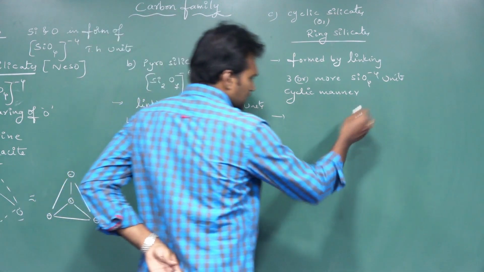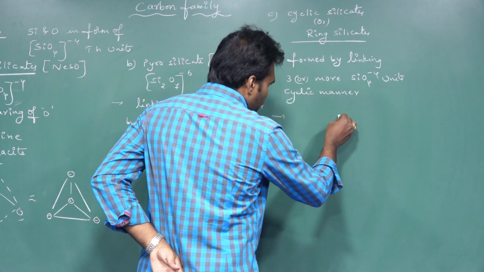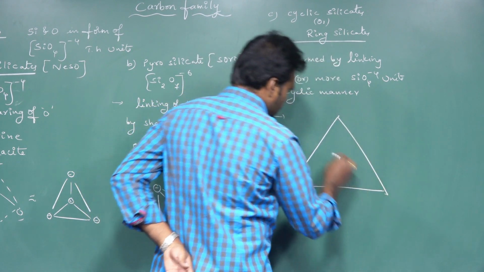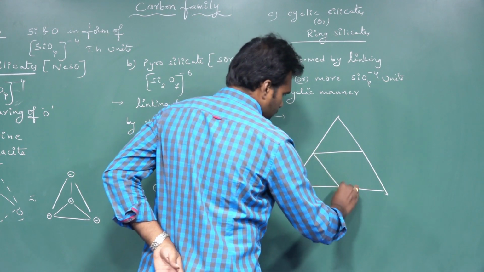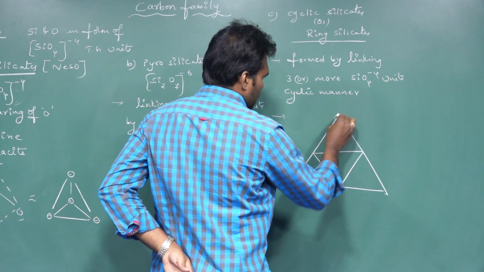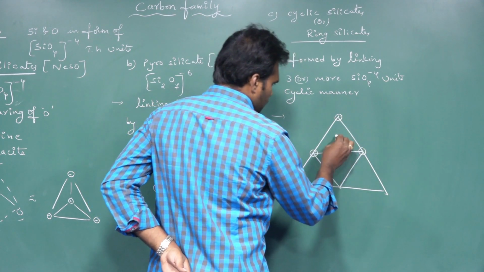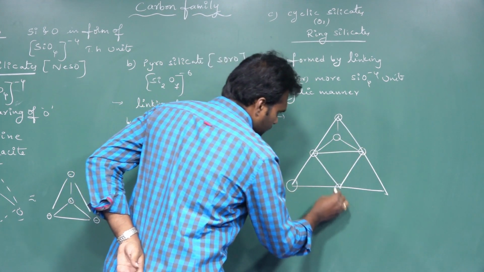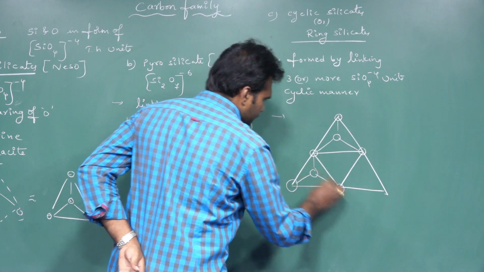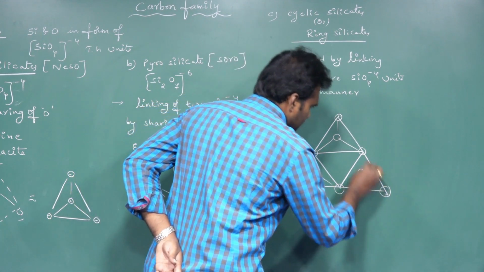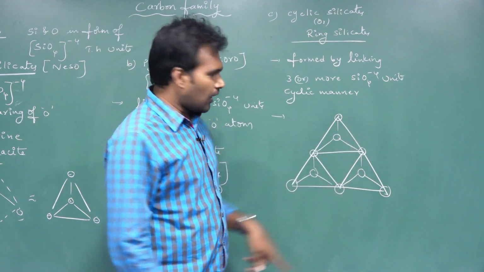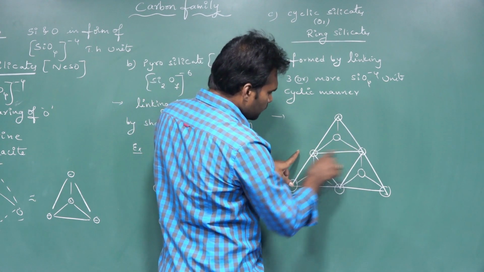If you see the structure, this is one tetrahedral unit, this is another one, and this is another one. So there are 3 tetrahedral units in total, and each tetrahedral unit is sharing 2 oxygens.